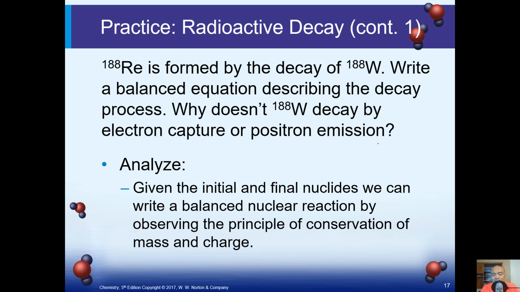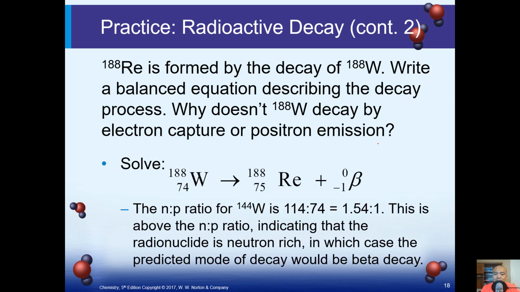In other words, we look at the sum of the superscripts on the left side and right side. They must be equal. The same is true for the subscripts. So here's the equation we write. We start with tungsten-188, and we get rhenium-188.